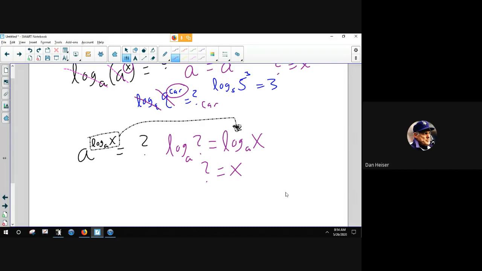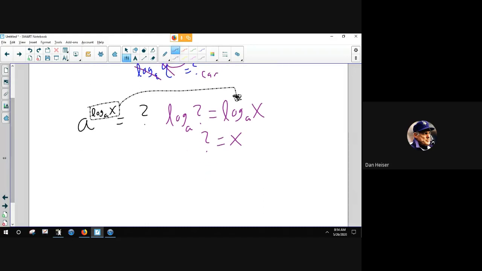Again, let me go back to the original problem here. Let's look at the problem from the very beginning. Base A cancels log base A, leaving us with just x.